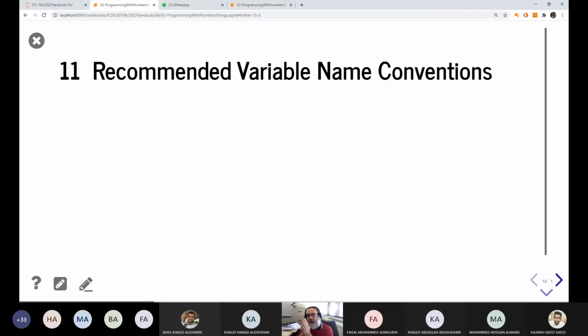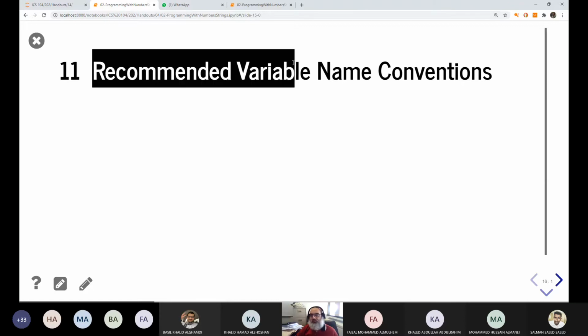So now we talked about the rules: what constitutes a correct variable name and what constitutes an incorrect variable name. Now what we will talk about is recommended variable name conventions. These are conventions that we are highly recommended to use, but they are not rules.